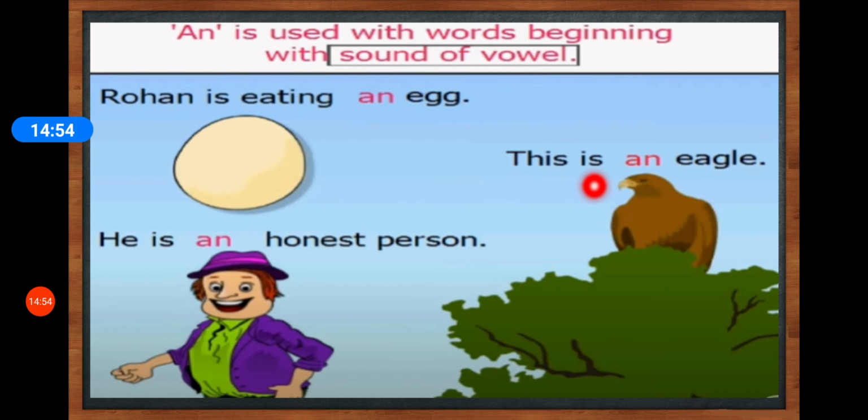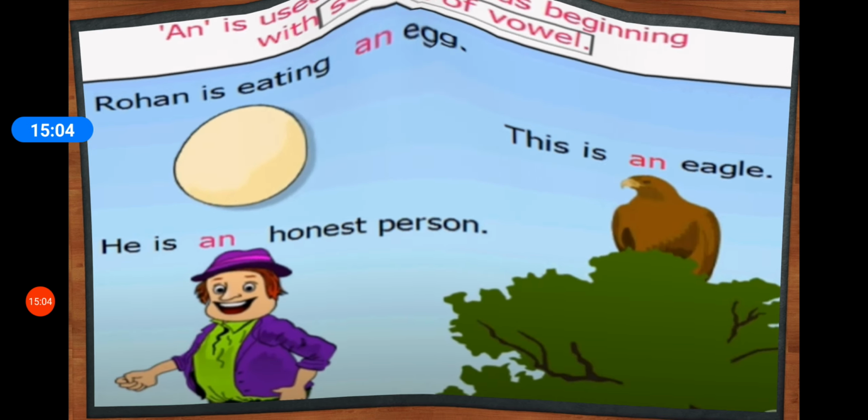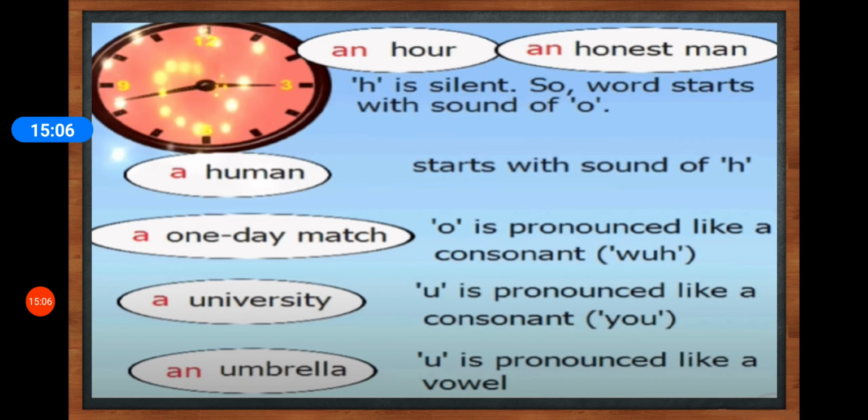This is an eagle. He is an honest person. Mind the silent H. Honest person. An honest man. H is silent. So the word starts with the sound of O. Honest. So vowel sounds.